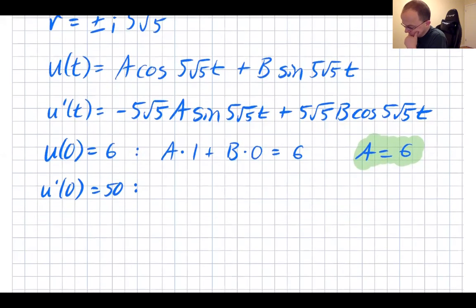And then negative 5 root 5 times a times 0 plus 5 root 5 times b times 1 is equal to 50.